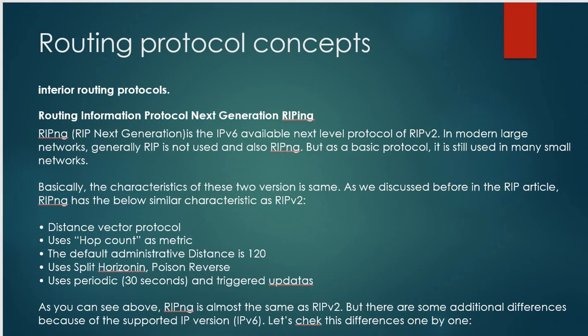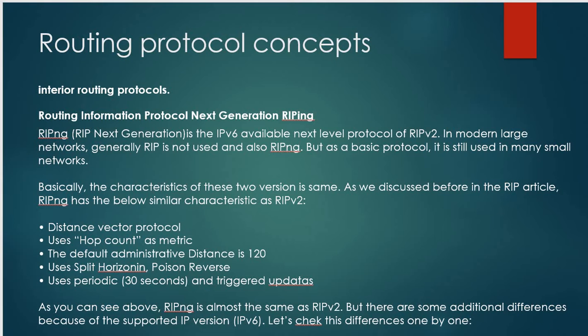Number one is that it is a distance vector protocol. It uses distance vector to identify the shortest path, to identify the routes of the packets within the routing network.